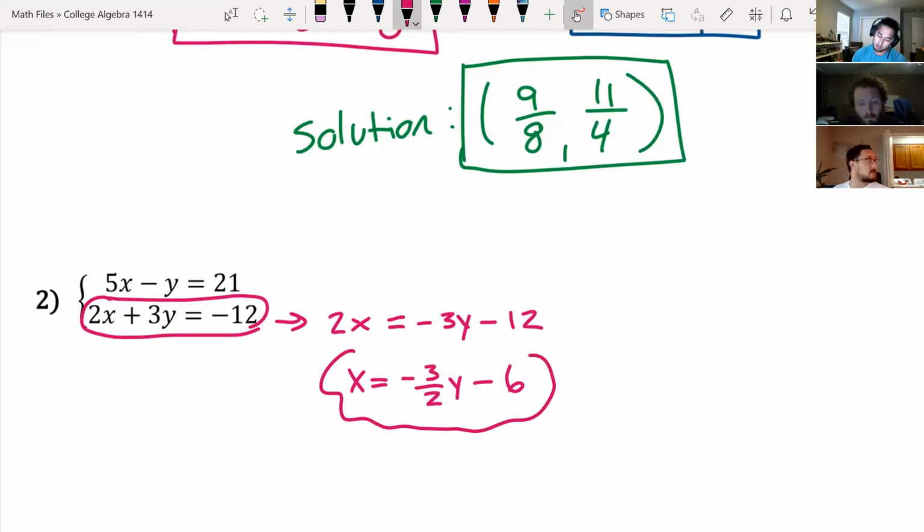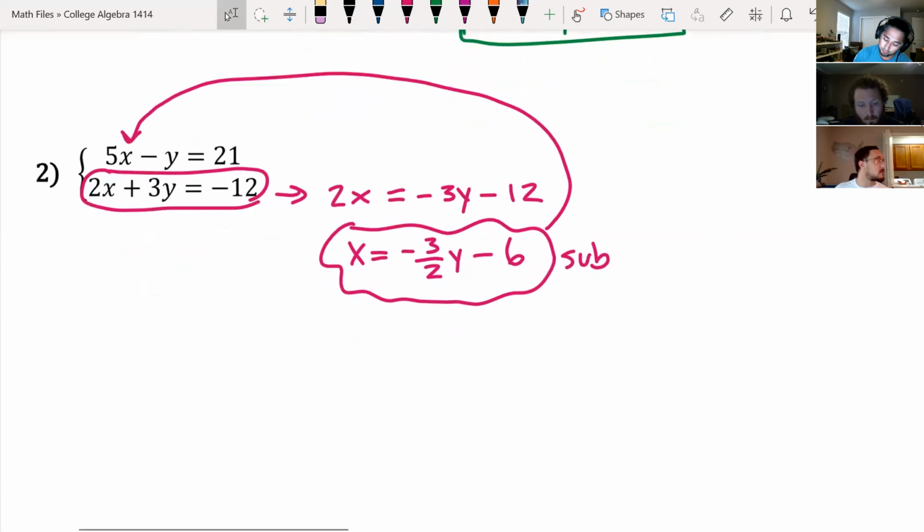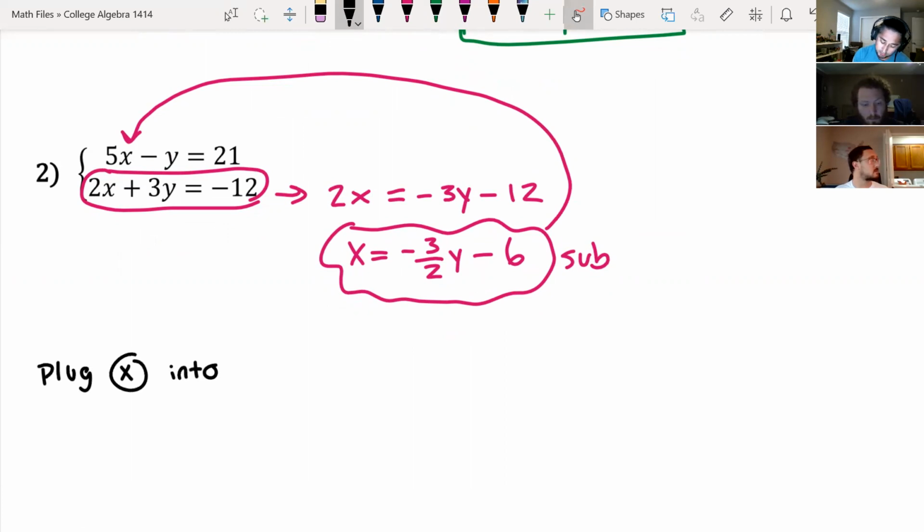Here is our sub. And we are going to plug x into equation 1.